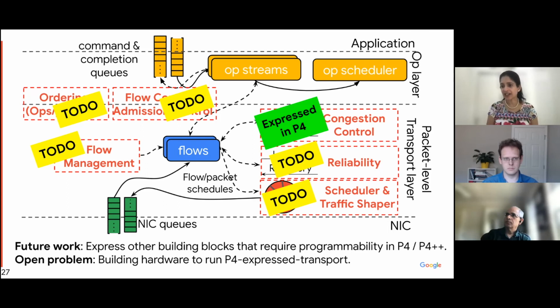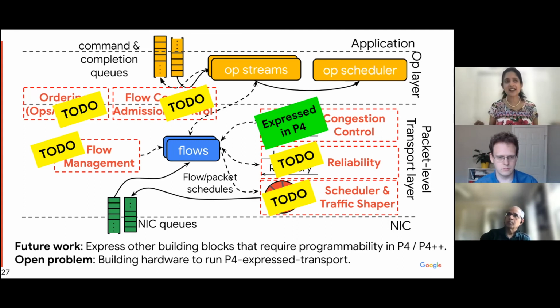In that respect, P4 has been further along in expressing congestion control in the switches. And now with P4 in the NICs, I really hope that these two directions we are approaching from are going to meet, and we get one programmable plane for congestion control at both the NICs and the switches. I think we have a tremendous opportunity ahead of us.